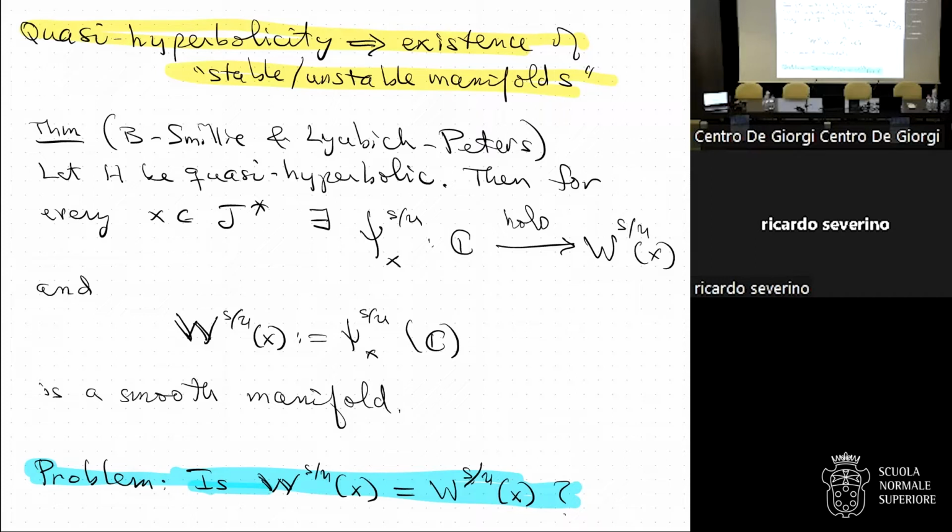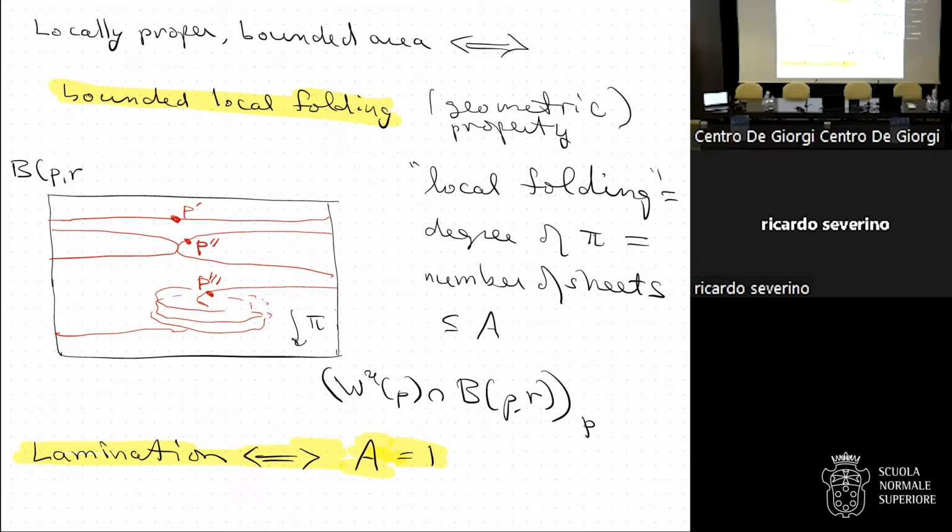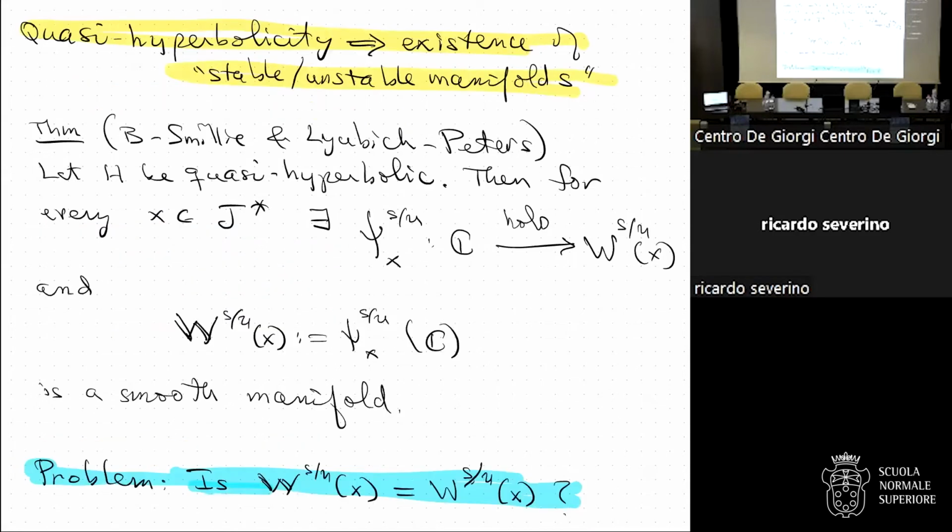So in this one here, if you do have this bound, a theorem is that through every point of J star, remember the stable and unstable manifolds, all their intersection points are dense inside of J star.